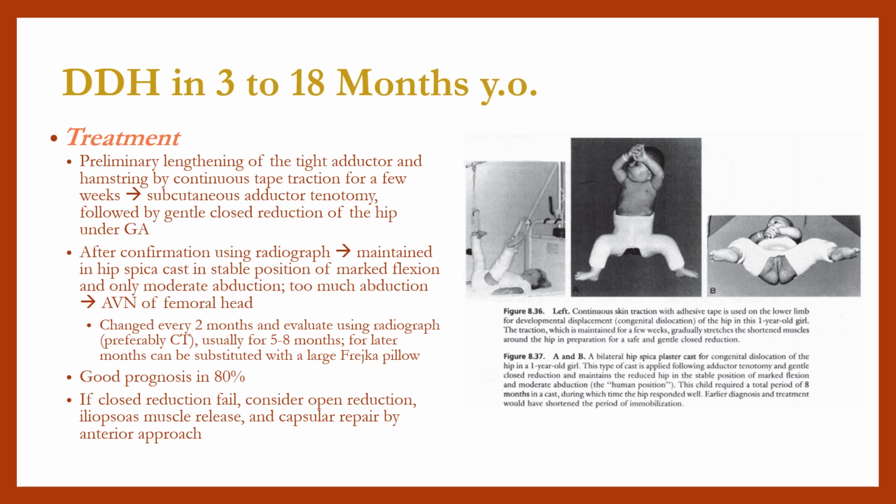Too much abduction could cause AVN of the femoral head. In 80% of patients, it is usually a good prognosis. However, if closed reduction fails, consider open reduction, iliopsoas muscle release, and capsular repair by anterior approach.